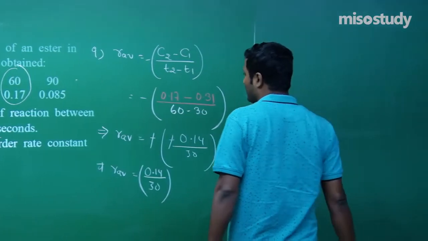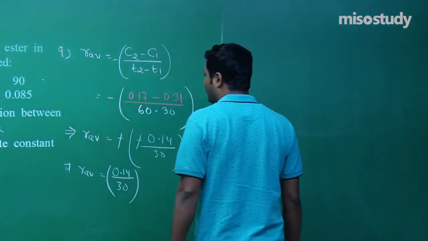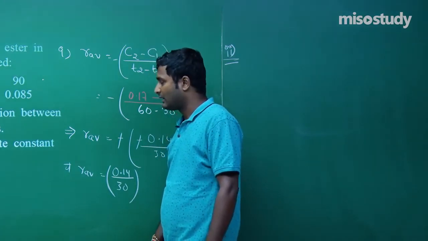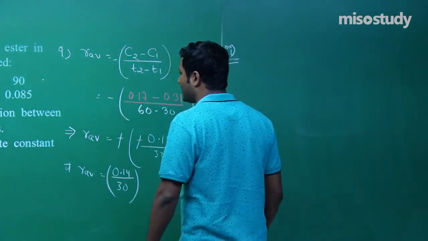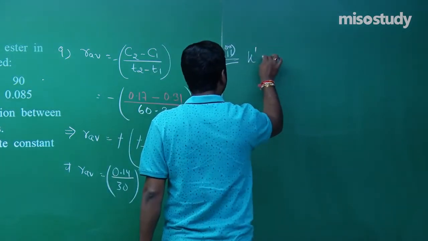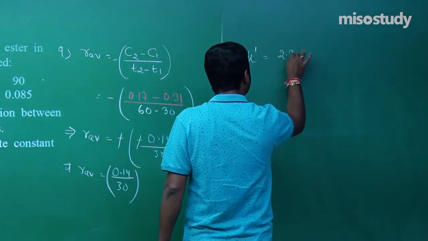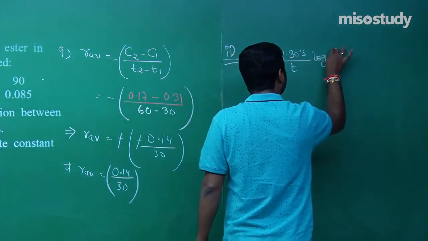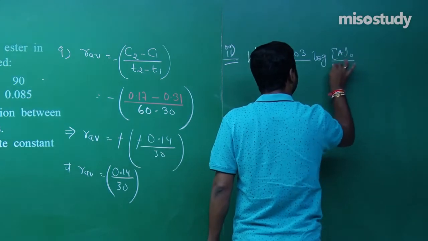Here is the second part: calculate the pseudo first order rate constant for the hydrolysis of ester. Clear to you? Now calculate the rate constant. Clear? So first of all, K dash is equal to, we know, 2.303 upon T log A naught upon A, my friend.